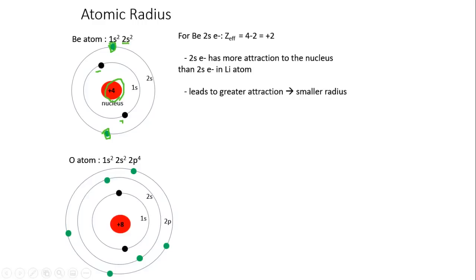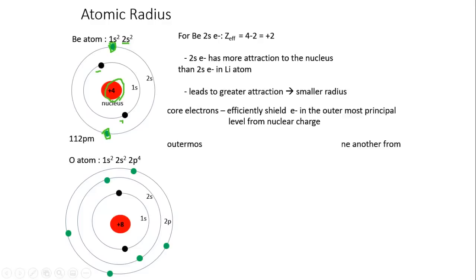Since there are two outer electrons and the number of inner electrons has remained the same, those two outer electrons are more attracted to the nucleus because their effective charge is more. For lithium, it was +1. For beryllium, it's +2. So greater attraction of those outer electrons to the nucleus results in a smaller radius. Notice lithium was 152, beryllium is 112.